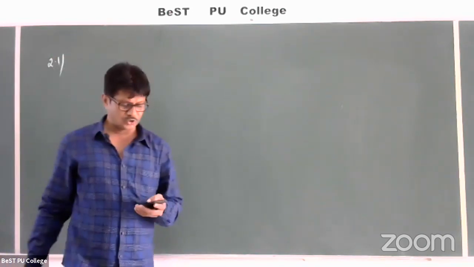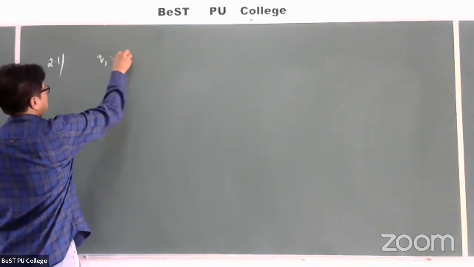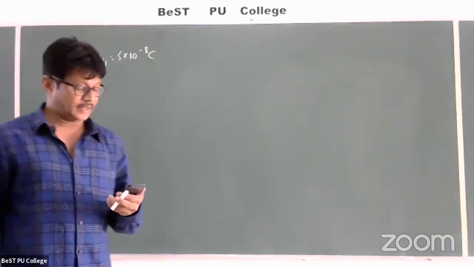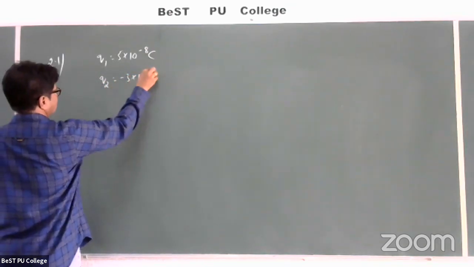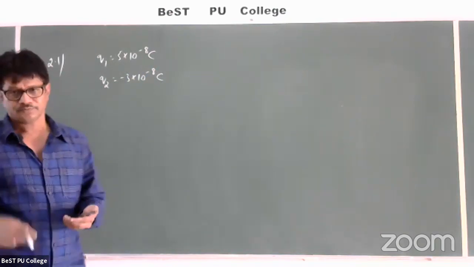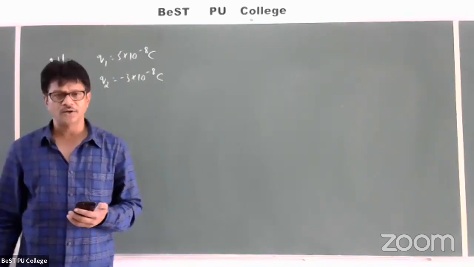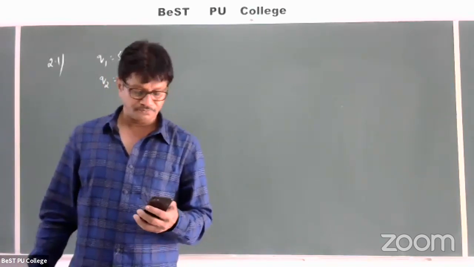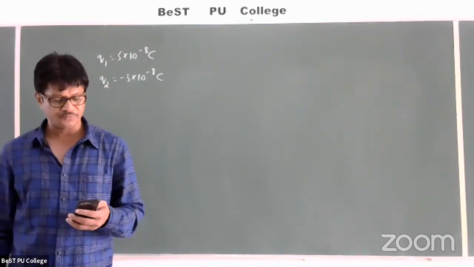The first problem: two charges 5 into 10 to the power of minus 8 coulomb and minus 3 into 10 to the power of minus 8 coulomb are located 16 centimeter apart. Full stop.